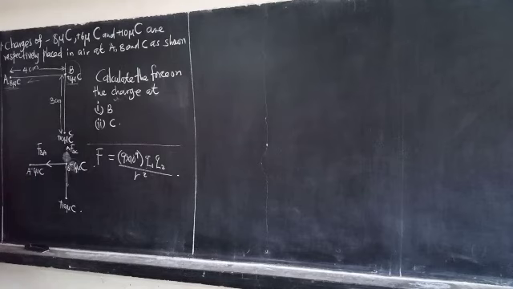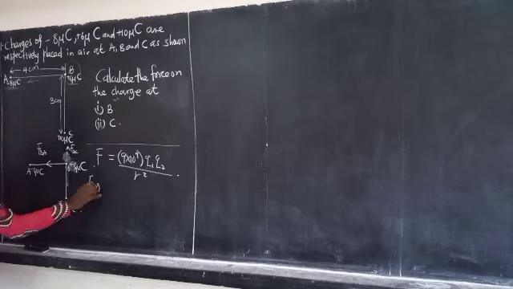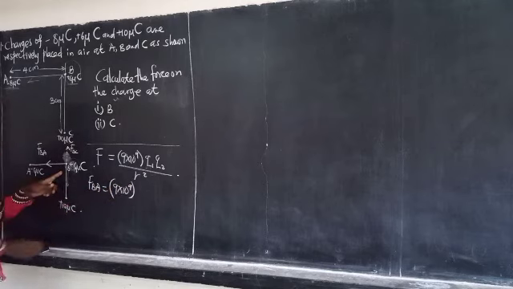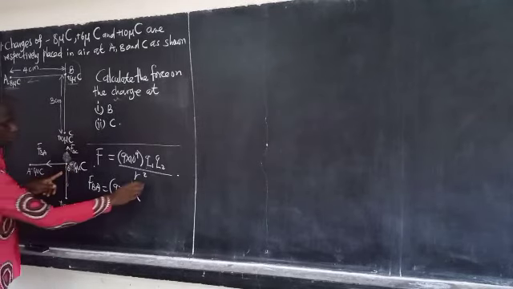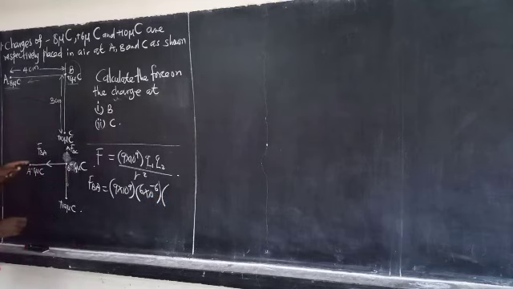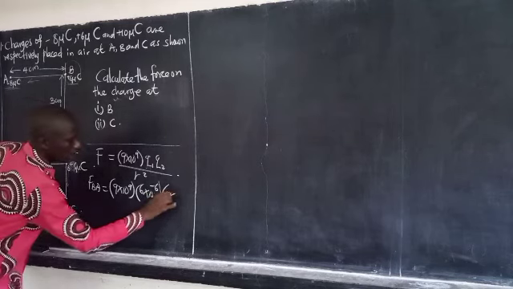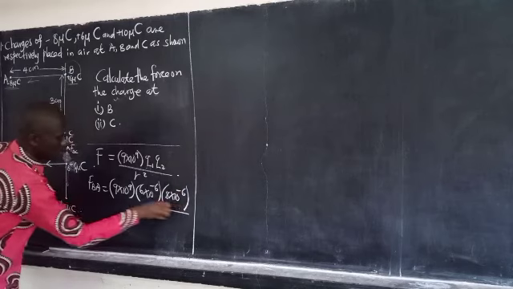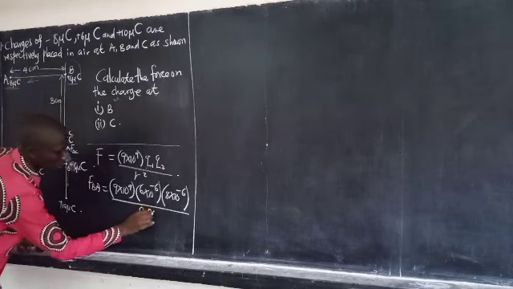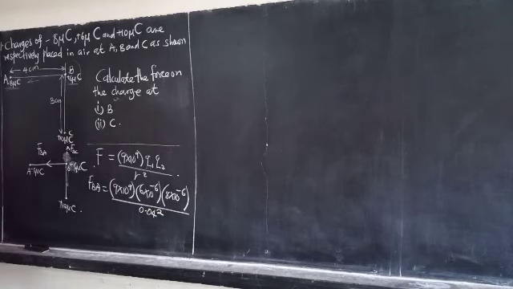So if I deal with the first one, the force on the charge at B due to the one at A, the magnitude: this is 9 exponent 9, then one of the charges is 6 exponent negative 6, remember micro is exponent negative 6, then this one is 8 exponent negative 6, then the separation between them is 4 centimeters, which you must change to meters, that is 0.04, and that must be squared.